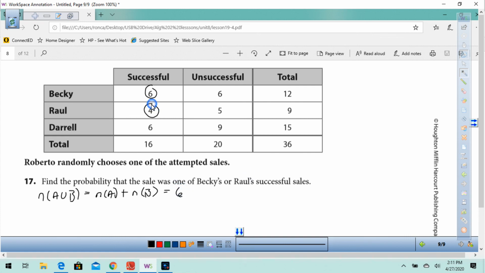Raul had 4 successful, so that's going to be plus 4 for a total of 10. All right, and the total number is here at 36. The total in the sample space is 36. So we're going to have the probability of A union B is going to be 10 over 36, which is 5 over 18.